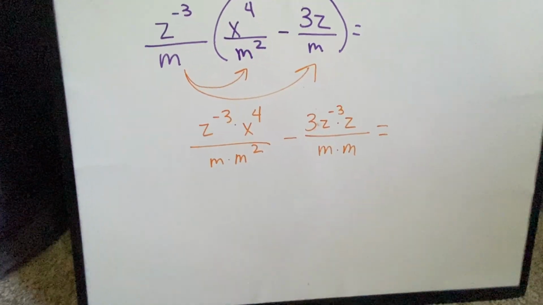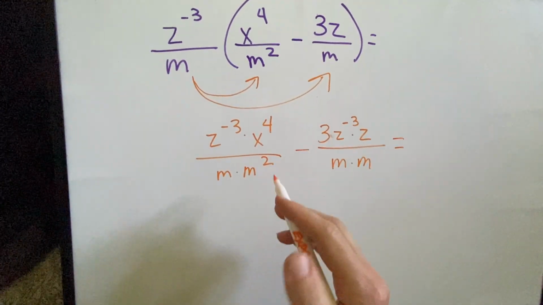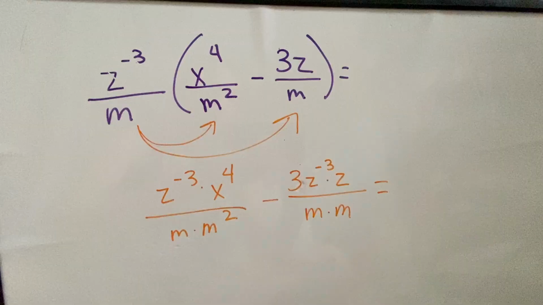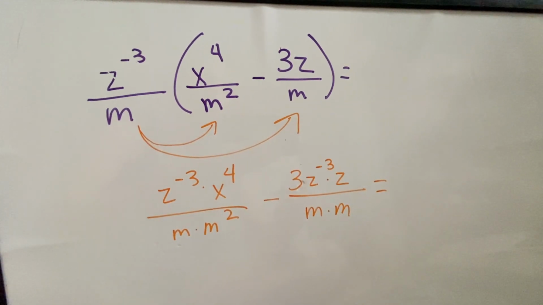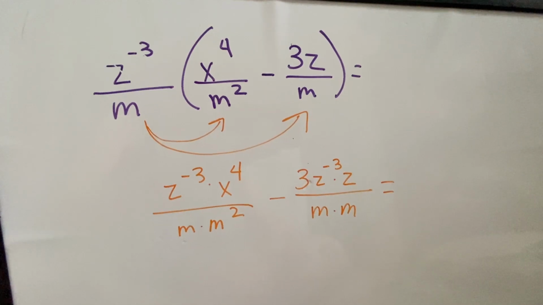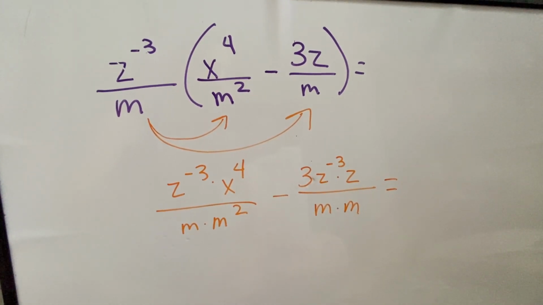Okay, so now we need to figure out how can we simplify this. All right, so we have z to the negative 3. Okay, so we've distributed things through. Let's simplify our answers. And remember, the instruction said to move all of your exponents into the numerator.